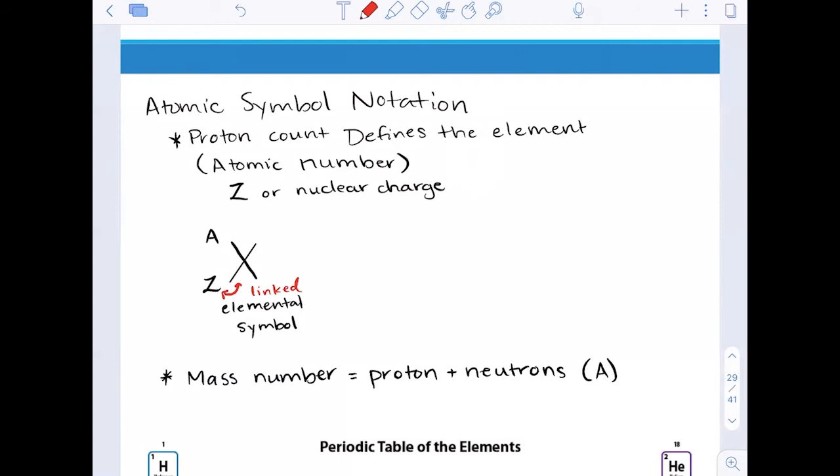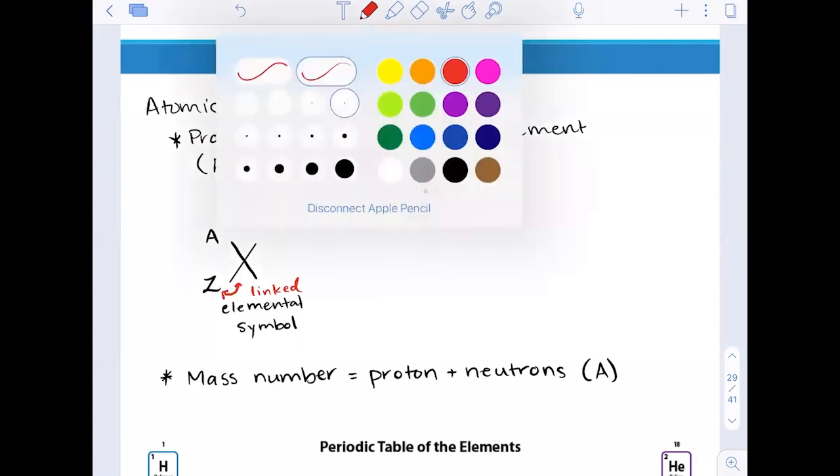Proton count changes, atom changes. So we usually never see the proton count change in a general chemistry class because we're not going to deal with nuclear chemistry. Very, very interesting topic. Love to discuss that with you if you want to know about it, but it's not under our course curriculum. The mass number can change, and we'll be able to discuss how does the mass number change. It won't be because of the protons, it will be because of the neutrons.